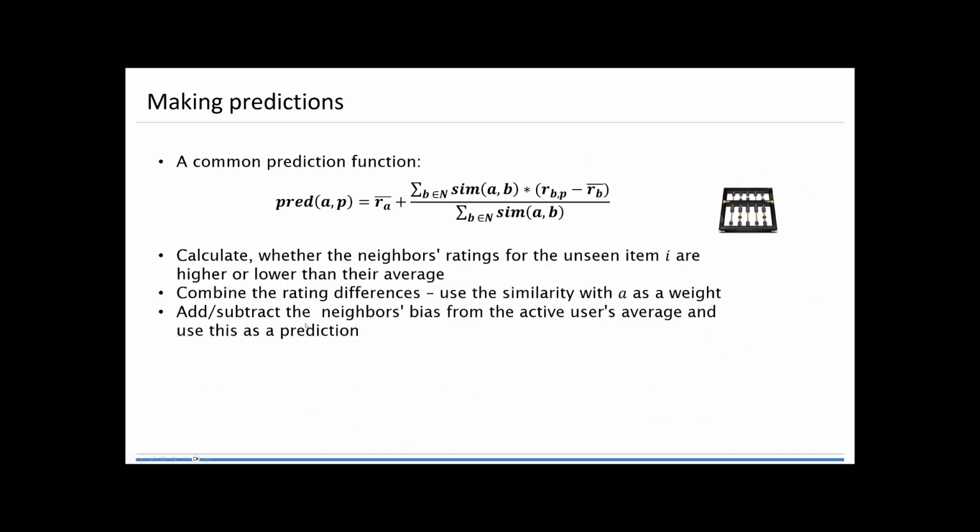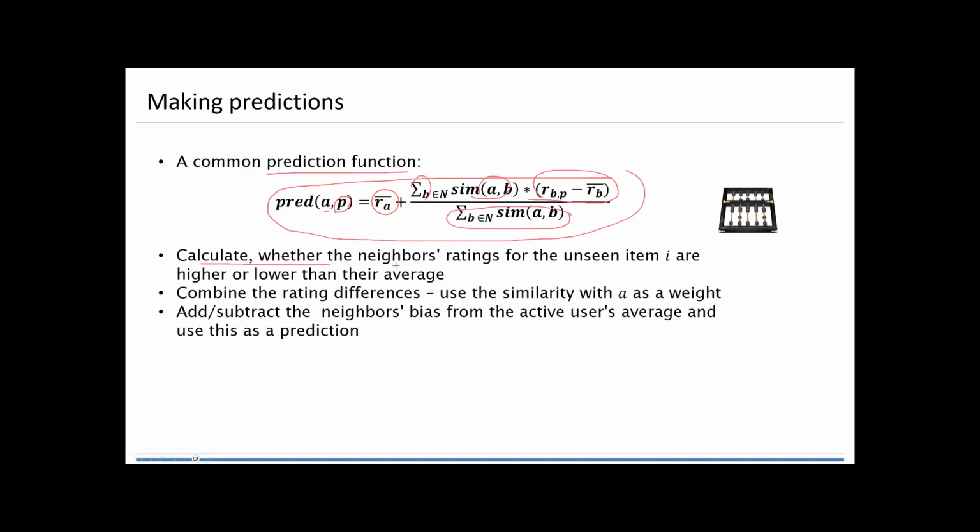So after we have the similarity, we can predict. For the prediction function, we can use this one. The prediction of user A, comma P, where P is the item. It means we will check the average of user A, and then the sigma of the similarity between A and B multiplied by this formula, and then divided by the sigma.